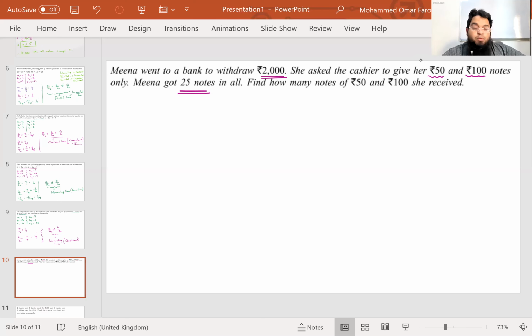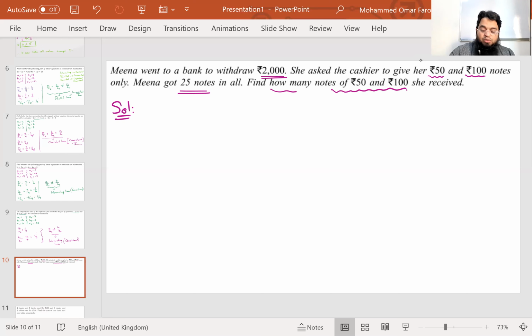So she wanted the cash rupees 2000 in the denomination of rupees 50 and rupees 100. Now let us note down what is being asked: how many notes.